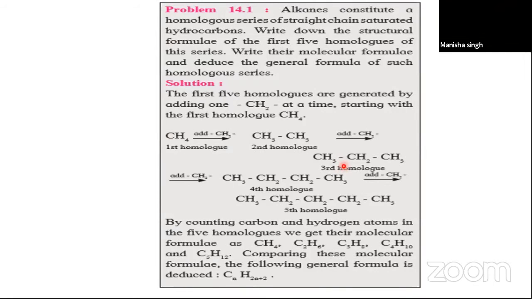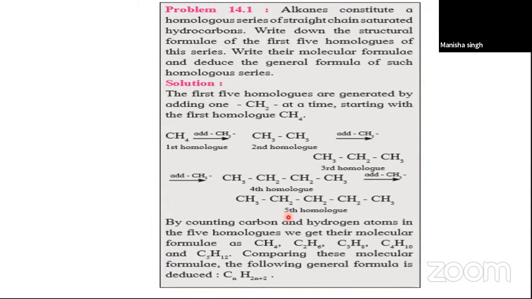This is the third homolog. You can count the number of carbon and hydrogen: 3 and 8. Then again we add CH2 to the third homolog, so carbon will be 4 and hydrogen will be 10. Then if we want a fifth homolog, again we add CH2, and we get 5 carbon and 12 hydrogens.